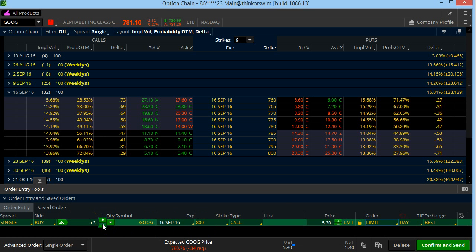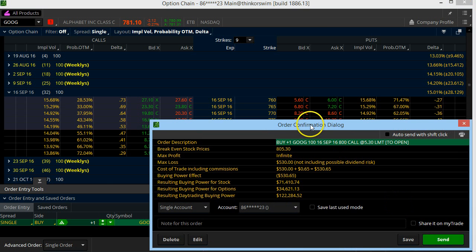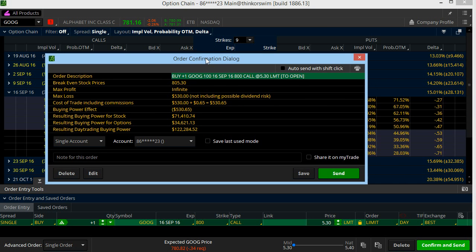We'll say 530. This is the number of contracts here. So let's say you just want to buy one contract. And if I say confirm and send, it'll give you an order confirmation dialog. This is the description of the order. This is the max loss. Remember, a max loss whenever you buy calls or puts is the amount that you pay.